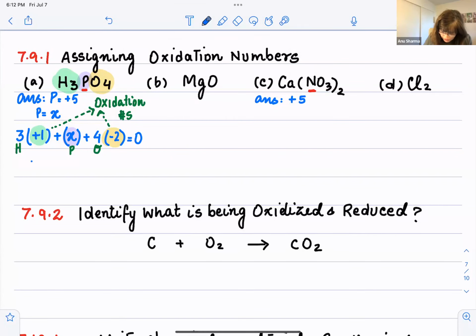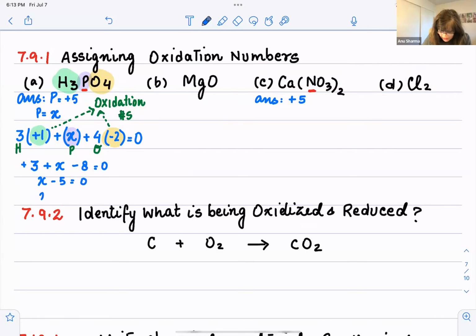Here we will have 3 times +1 is +3, plus x. Now 4 times -2 is -8. And this whole thing is 0. So +3 plus x minus 8 is equal to 0. So what do we get here? x minus 5 is equal to 0.